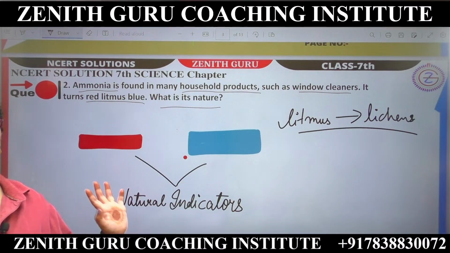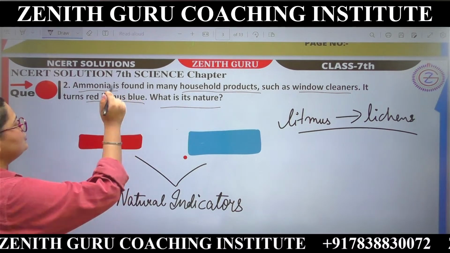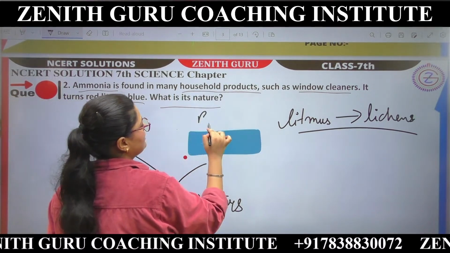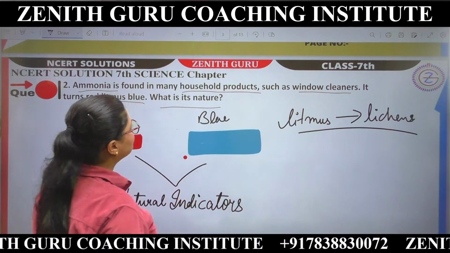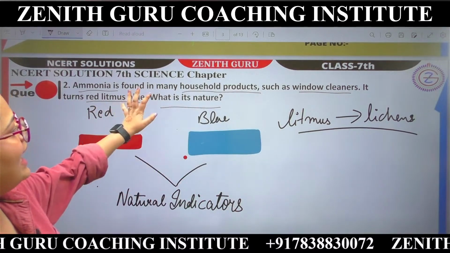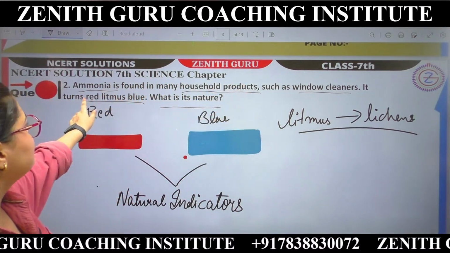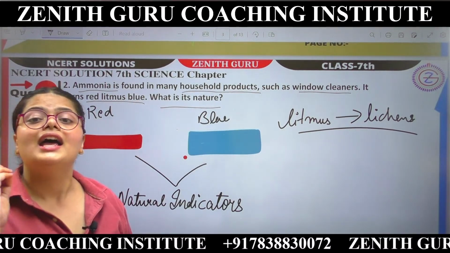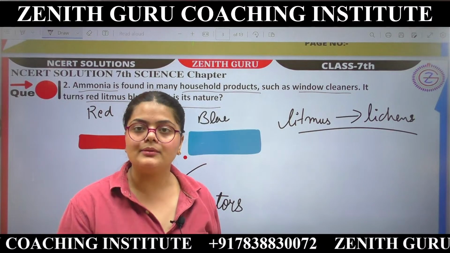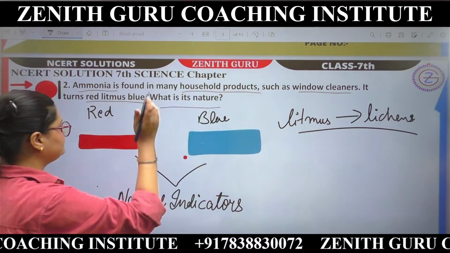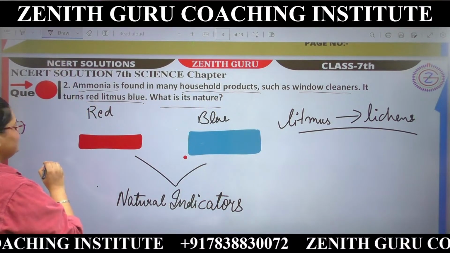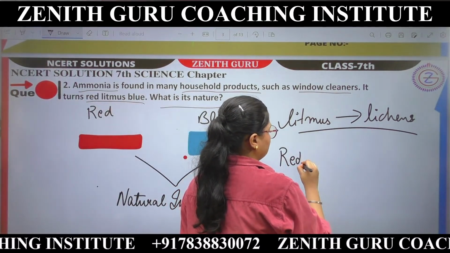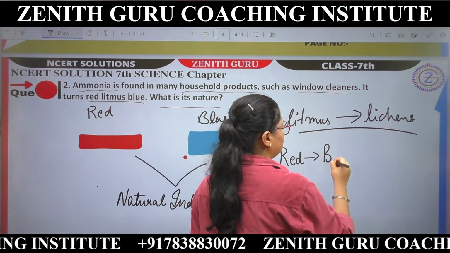Okay, now let's get back to the questions. These are two of your litmus papers. This is red litmus and this is blue litmus. Now, what the question says is that ammonia turns red litmus blue. So, if any substance is turning red litmus blue, then the substance will be red to blue.